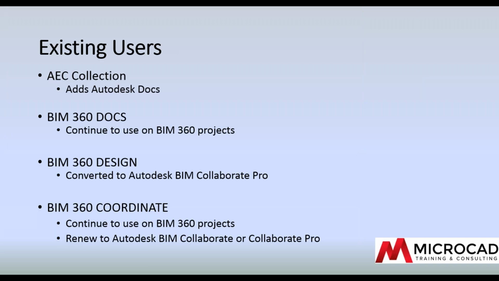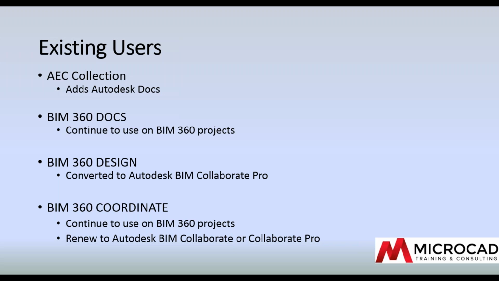All right, so let's talk about how these new Autodesk products will affect existing users. If you have an AEC collection subscription, you received in February an entitlement to Autodesk Docs, so you already have that entitlement. This can be used on any project you've been invited to, whether it's on the BIM 360 or the Autodesk Construction Cloud platforms. If you have BIM 360 Docs entitlements, you can continue to use them as you have been on BIM 360 projects.